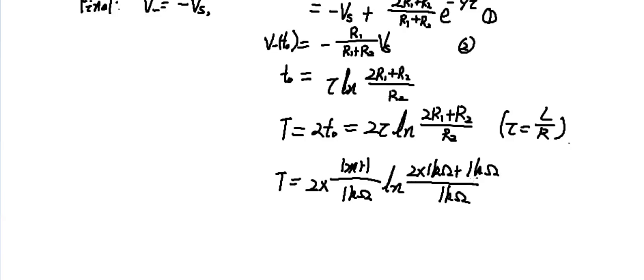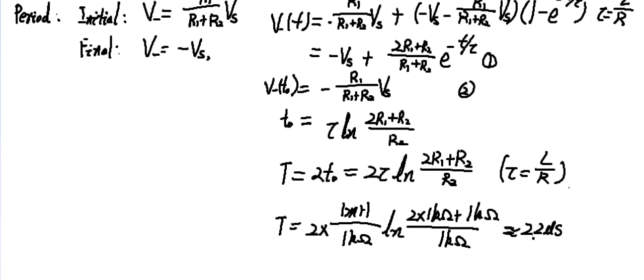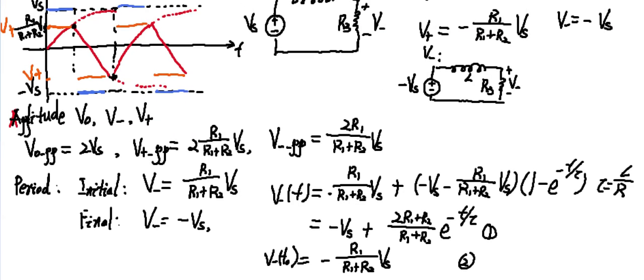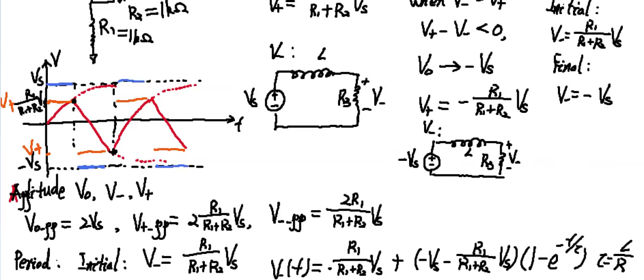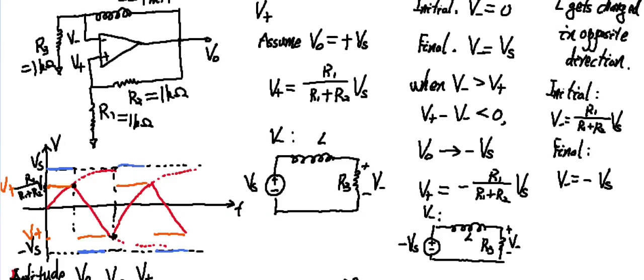So this is 3, and you have log 3 times this value. Finally, you can calculate this is approximately 2.2 microseconds. So you will get almost a 50 kilohertz oscillator utilizing those values.